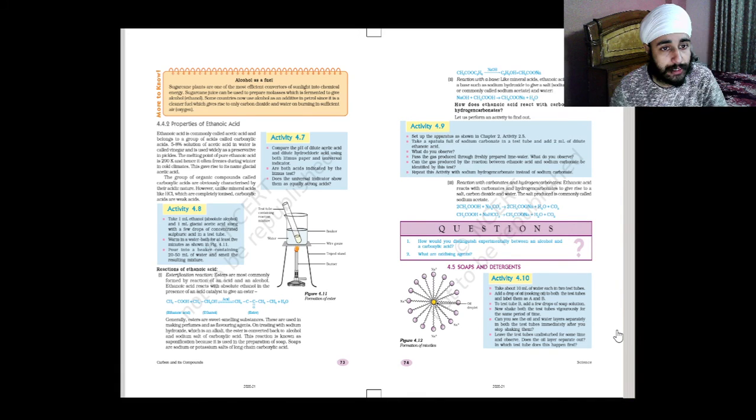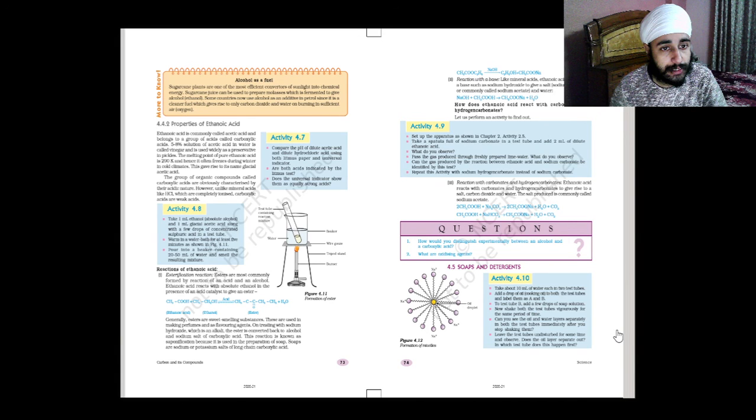Unlike mineral acids like HCl, which is completely ionized, carboxylic acids are weak acids. So that is the answer of Activity 4.7. When dilute acetic acid and dilute hydrochloric acid are tested with litmus paper and universal indicator, what are the differences and which one is the stronger acid?